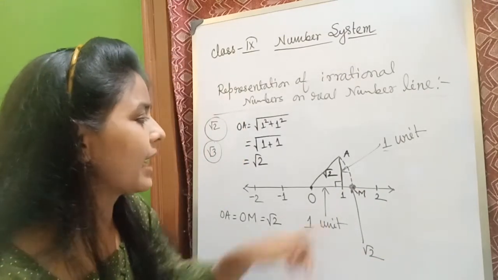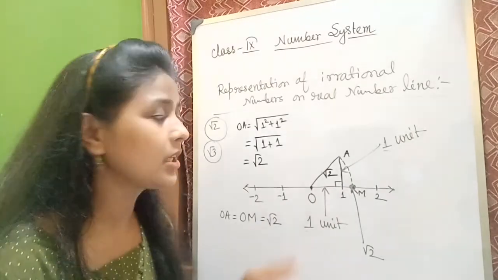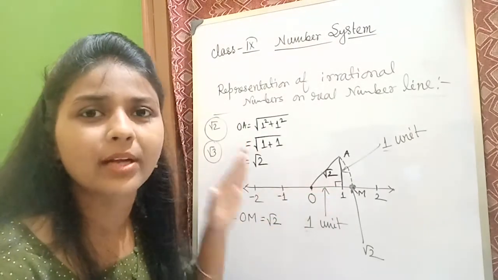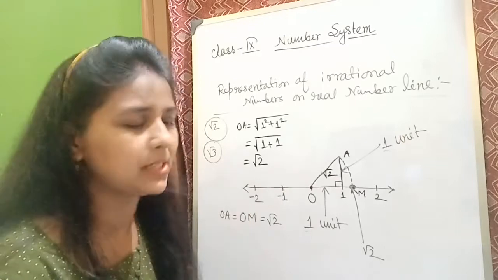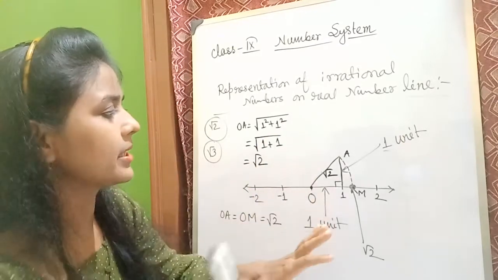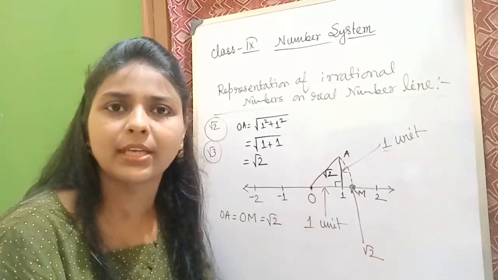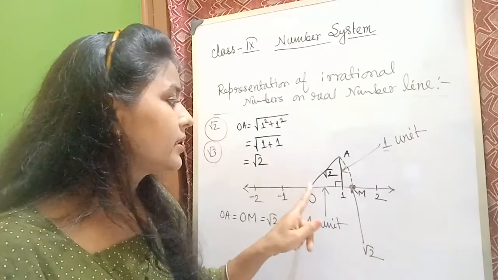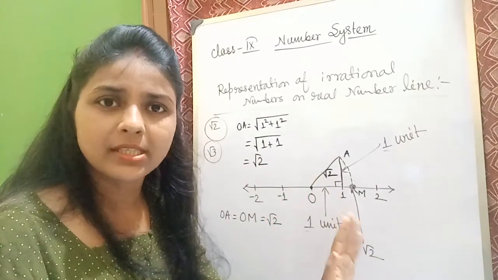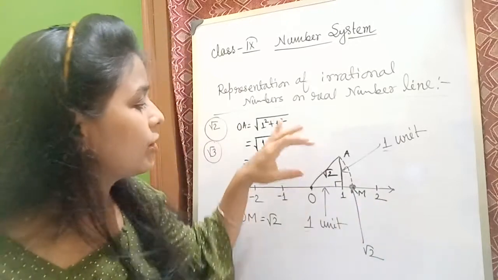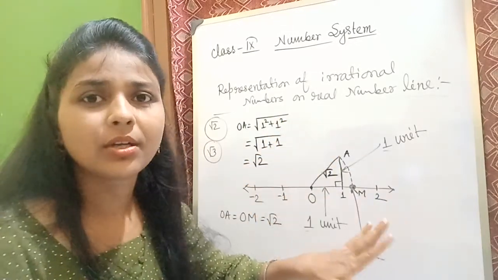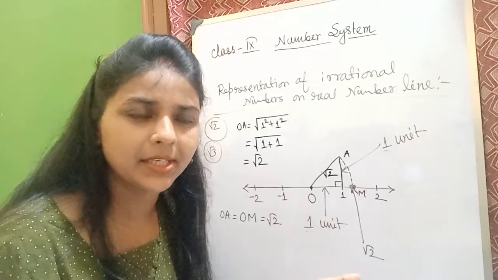Look at this carefully and understand it. It's very simple, because there is no hard theory applied here. Just Pythagoras theorem first, and then you just draw an arc with the same radius.